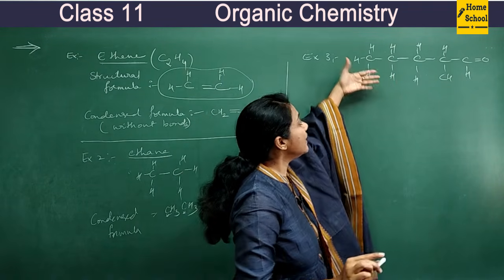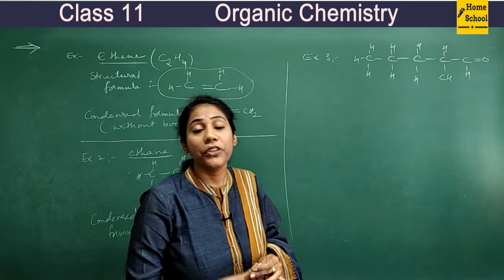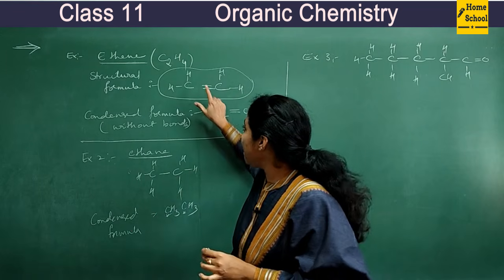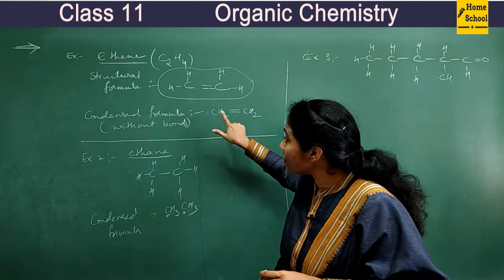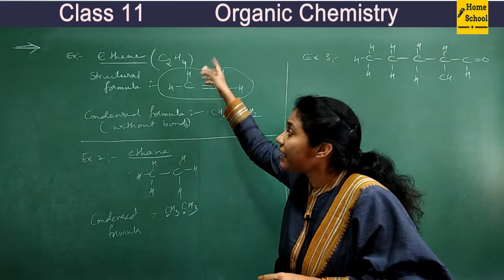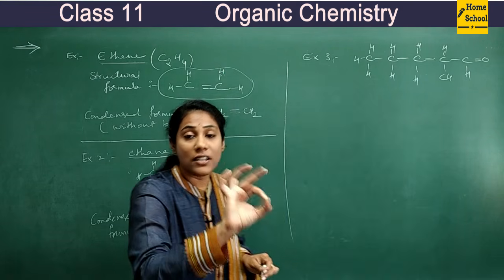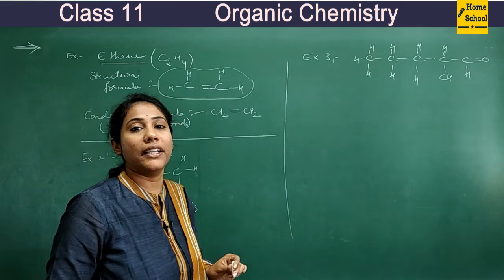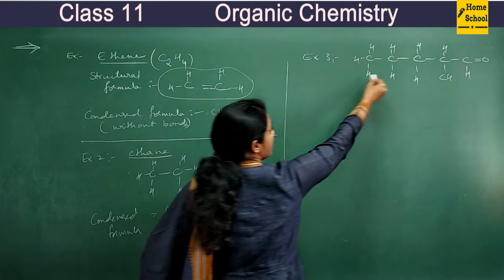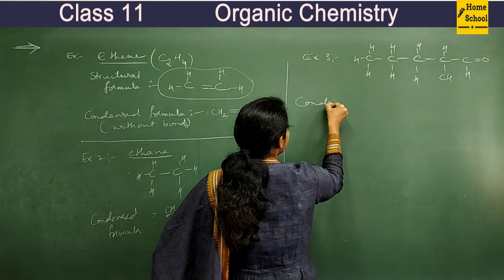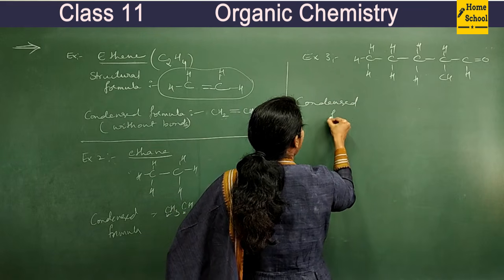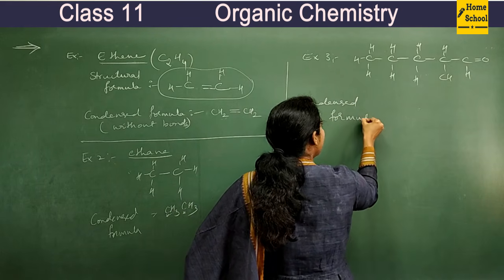You have to convert this into a condensed formula. Converting an expanded structure into a condensed formula, and when a condensed formula is given, converting it into an expanded or structural formula is very, very important. So this is the expanded, structural formula. What is its condensed formula? How do you represent it as a condensed formula?